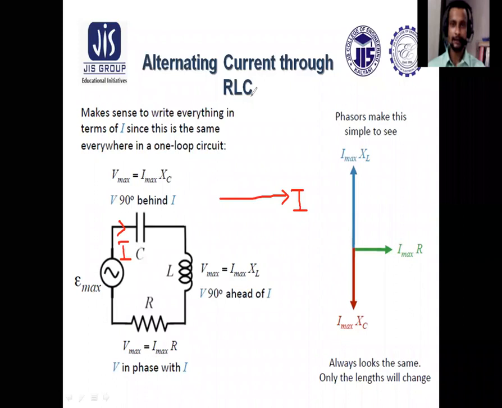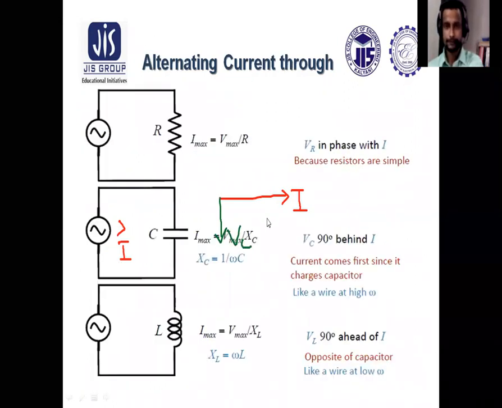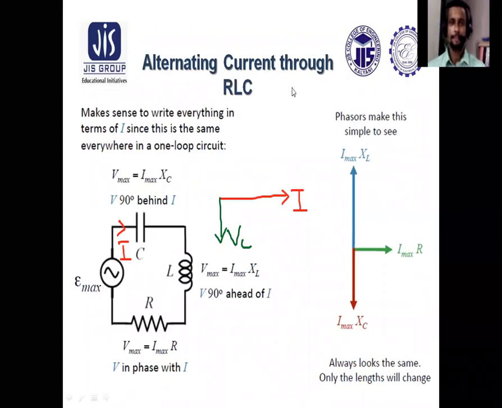VC will lag behind current by 90 degrees, whereas VL leads by 90 degrees, and VR will be in the same phase with current. Okay, this is the important concept which we acquired.